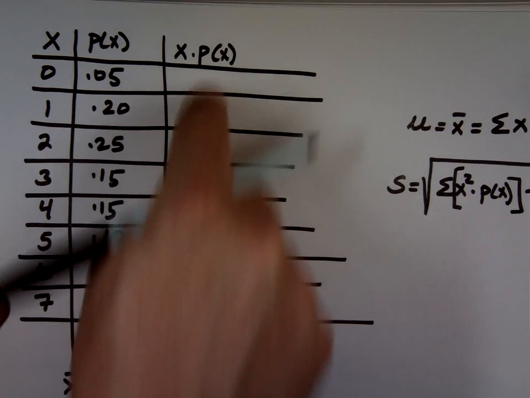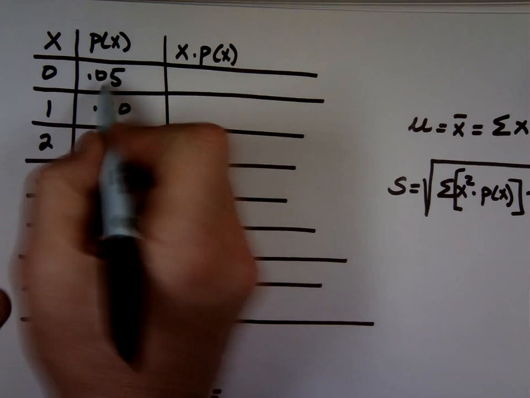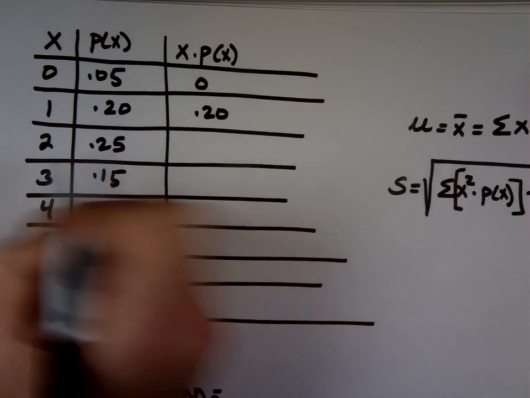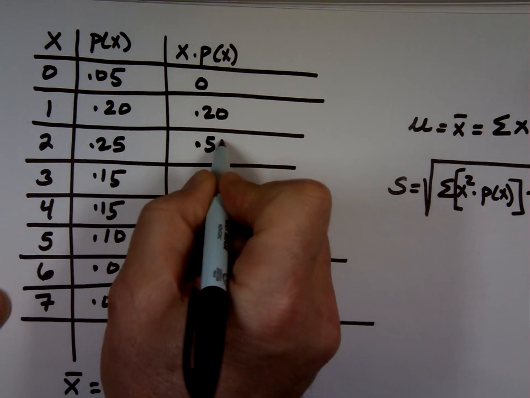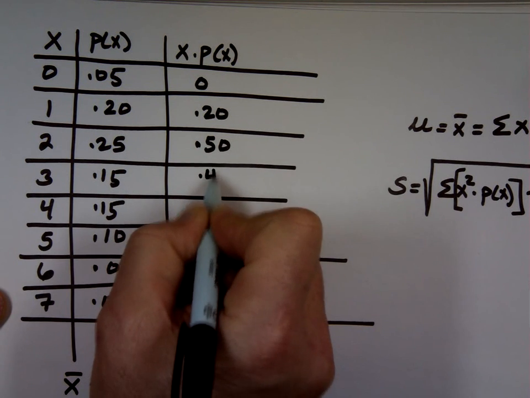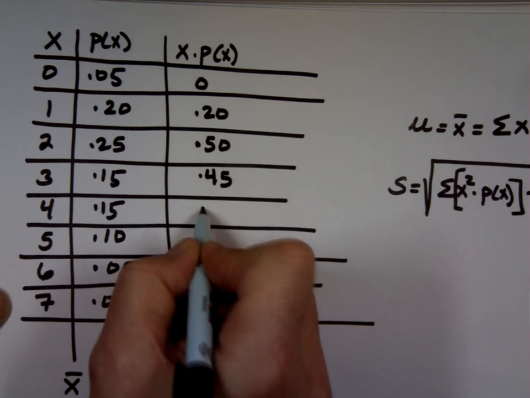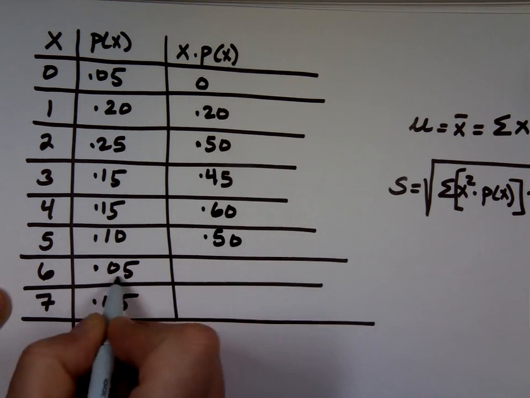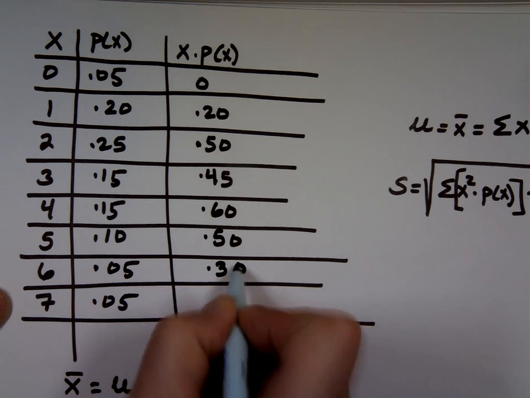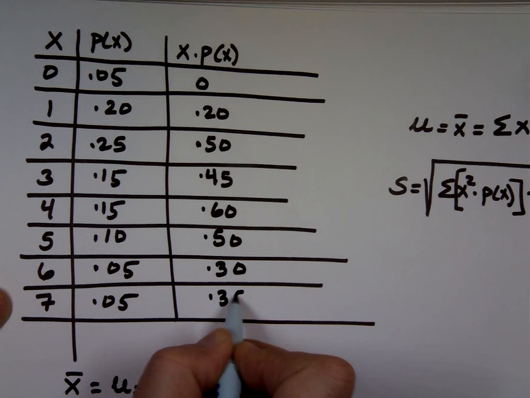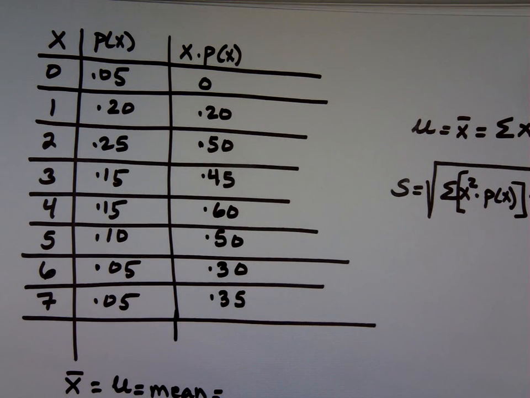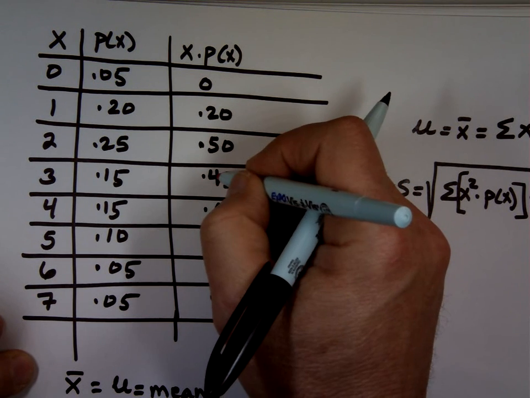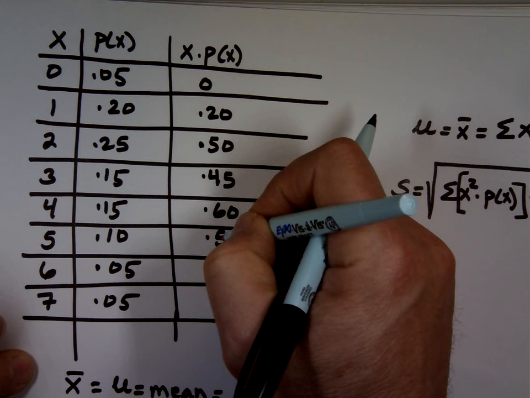And if I multiply them and add them, that's my mean. 0 times 0.05, 0. 1 times 0.20, 0.20. 2 times 0.20, 0.40. 3 times 0.15, 0.45. 4 times 0.15, 0.60. 5 times 0.10, 0.50. 6 times 0.05, 0.30. 7 times 0.05, 0.35. Let's add them. That gives 2.8.